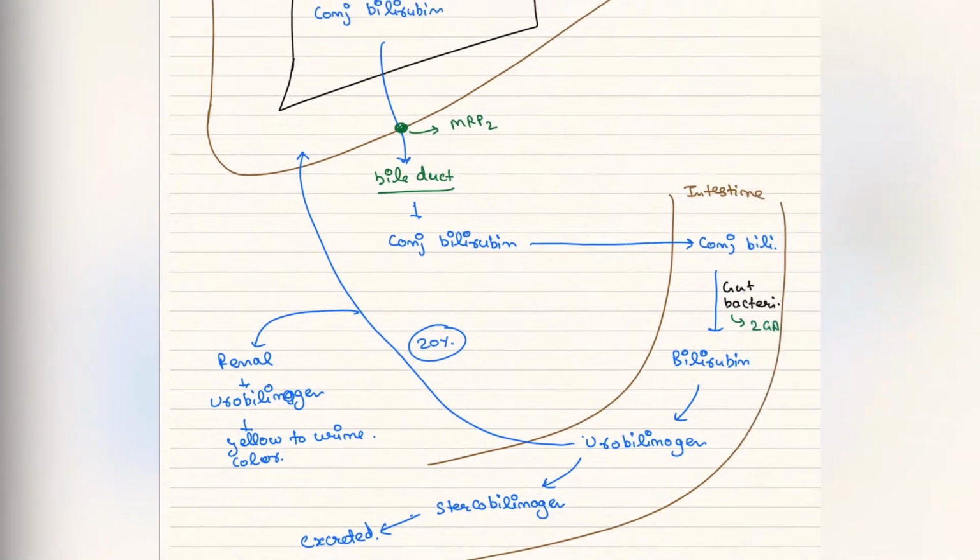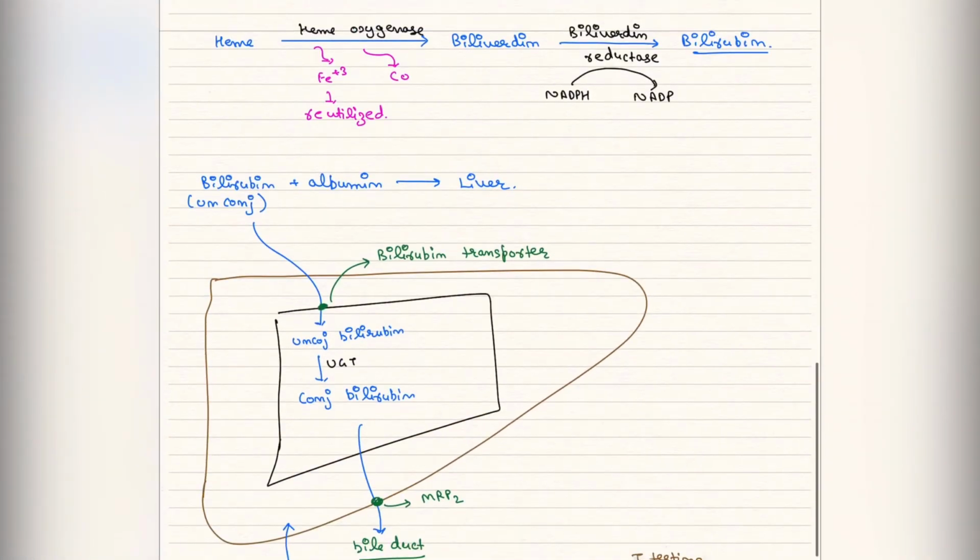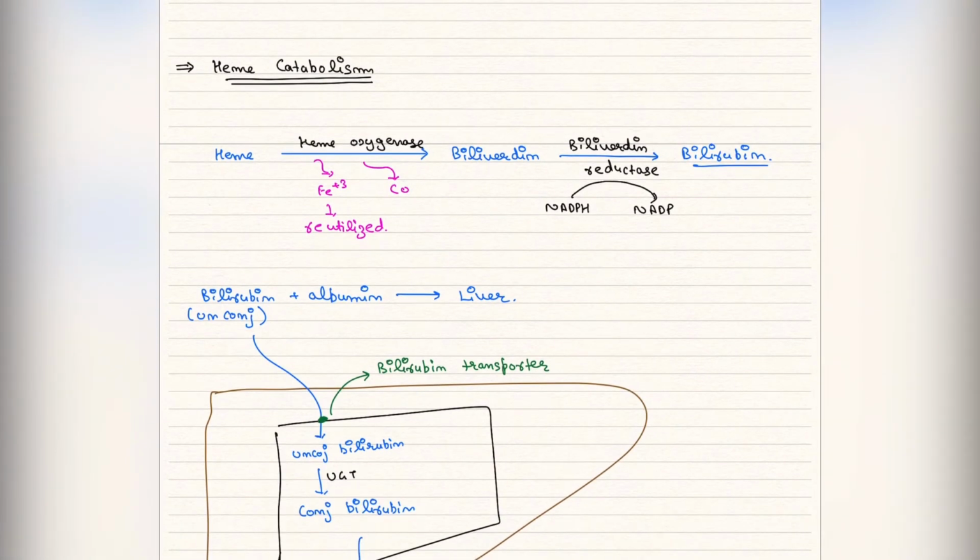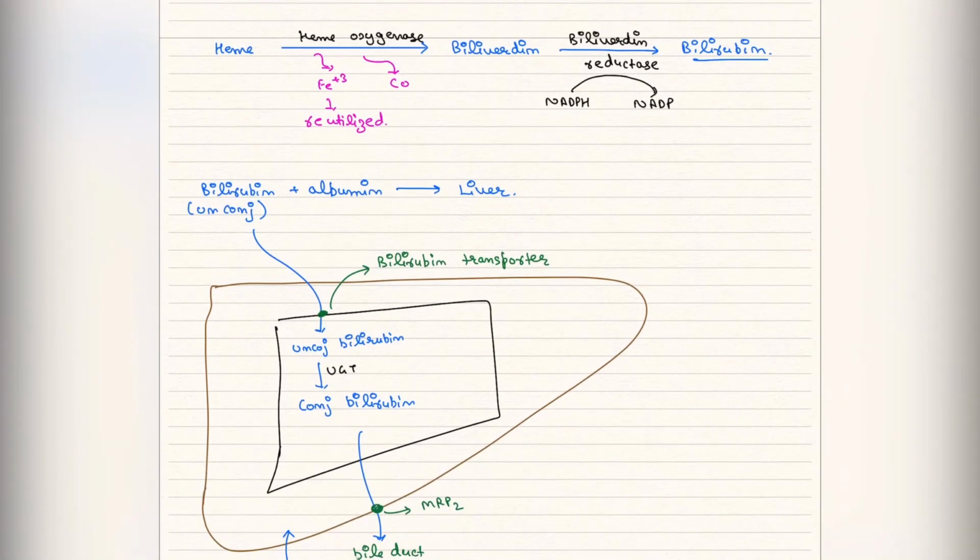So in this way the whole pathway is maintained. First of all, heme to bilirubin is formed, and this bilirubin is unconjugated. Then UGT will act and conjugated bilirubin will be formed.